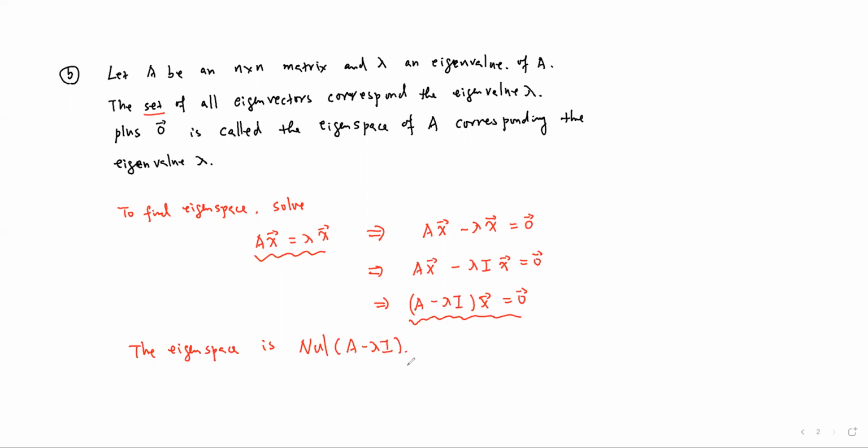Null space. Recall, what is the null space of a matrix? Null space of a matrix M is the set of all the solutions of this equation.